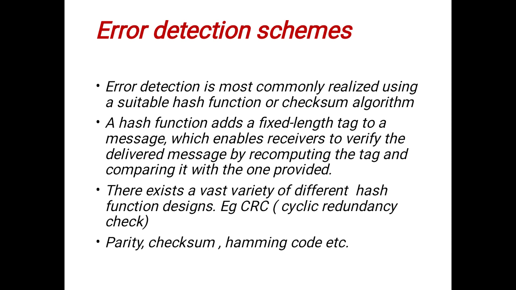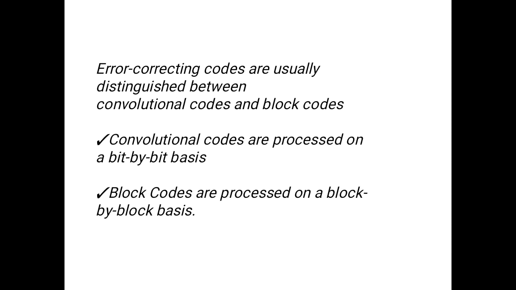There exists a vast variety of different hash function designs. Examples: CRC, Manchester code, parity bit, checksum bit, Hamming code, Hamming distance, Walsh codes, NRZ codes, etc. Okay, there is one more concept called line synchronization. That is a different story. For the time being, you remember only this.